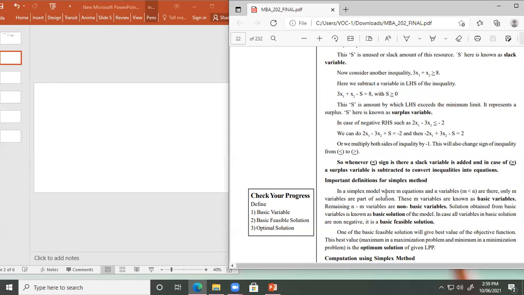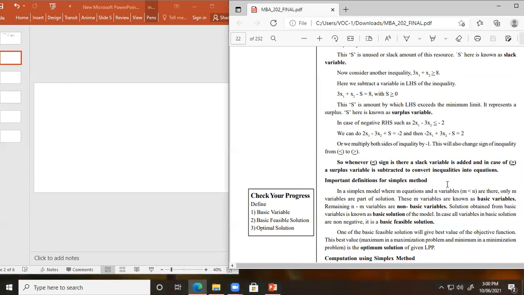The remaining n minus m variables are non-basic variables. The solution obtained from the basic variables is known as the basic solution. In case all the variables in the basic solution are non-negative, it is a basic feasible solution.